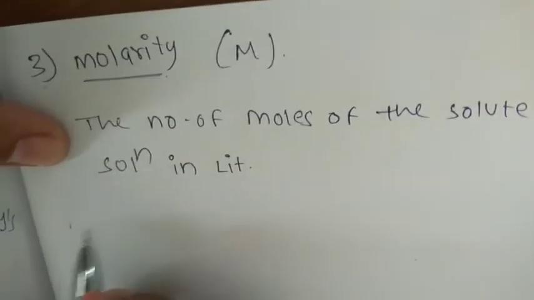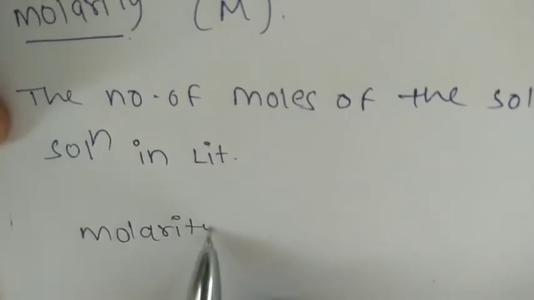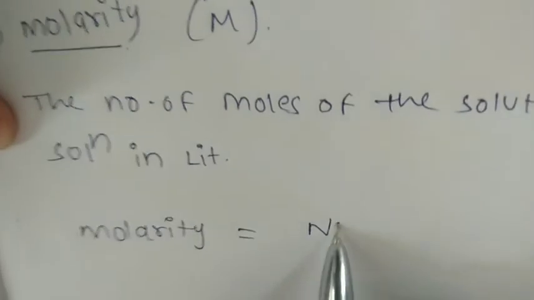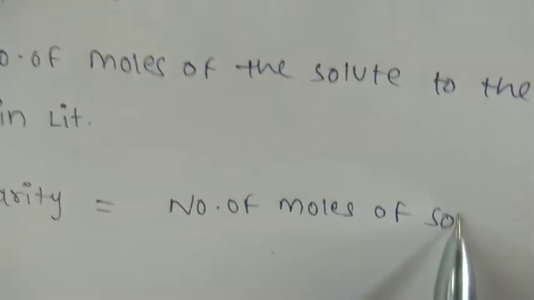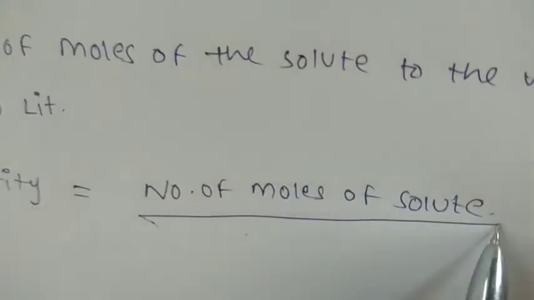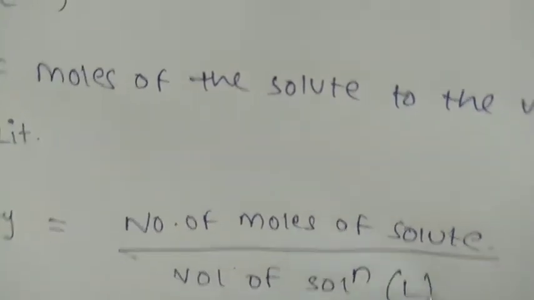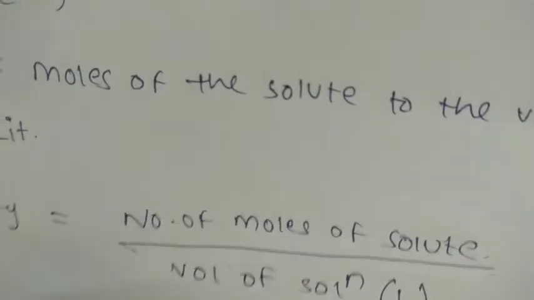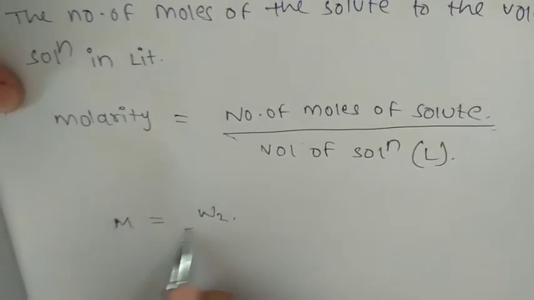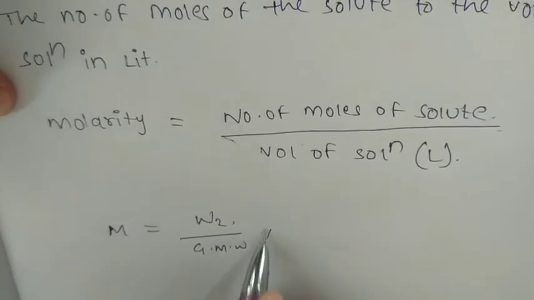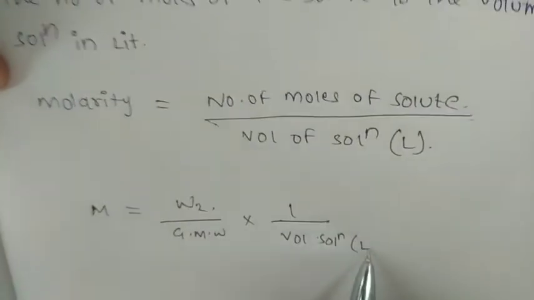So the relation is molarity equals number of moles of solute to the volume of solution in liters. For quick answering, molarity equals weight of the solute into 1 by gram molecular weight, into 1 by volume of solution in liters.